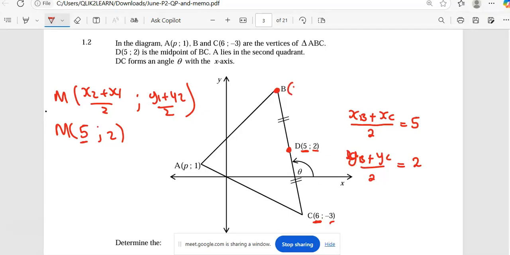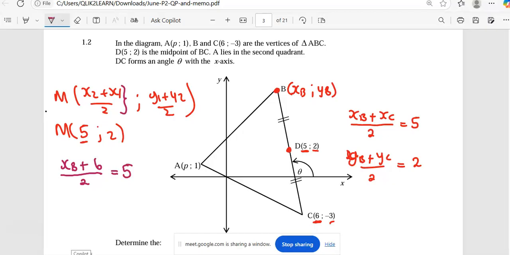So let's call this x of B, then y of B. To find the midpoint, I add the x of B with the x of C, which is 6, and divide by 2. The answer that I get here, I must get 5. Are you with me on that?